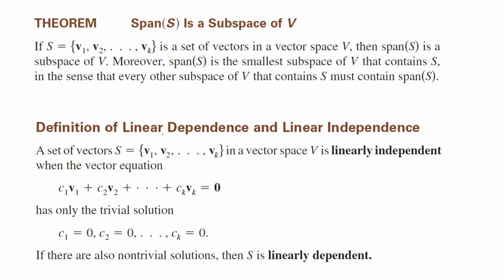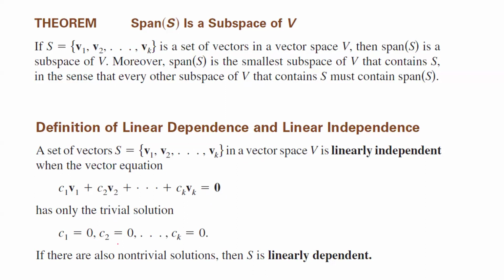Now the definition of linear dependence and linear independence. A set of vectors S, including V1, V2, V3, Vk, in a vector space V is linearly independent if, when you write the linear combination and set up the equation equal to 0, you only have trivial solutions. What are trivial solutions?